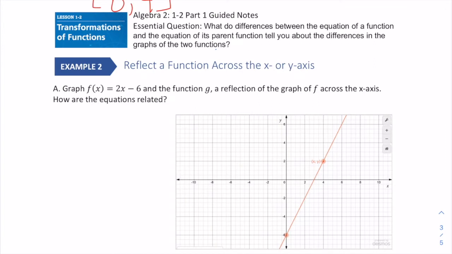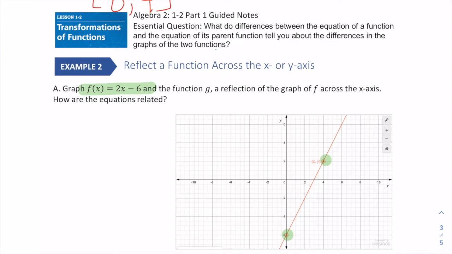Now let's look at reflections. Our original graph, f of x, is 2x minus 6. And you can see that the y-intercept is right here at negative 6, and there's another point up here, and that slope will be 2.